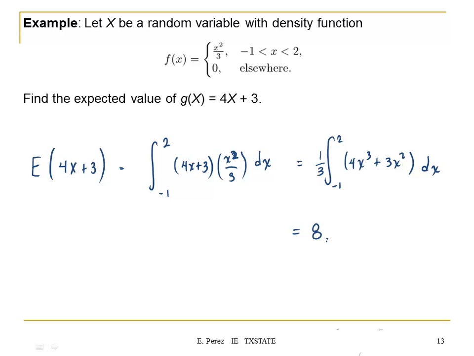Today we looked at several things, but the main topic is the expectation of a random variable. We're looking at the mean of a random variable. We know about random variables, now we're looking at the mean.